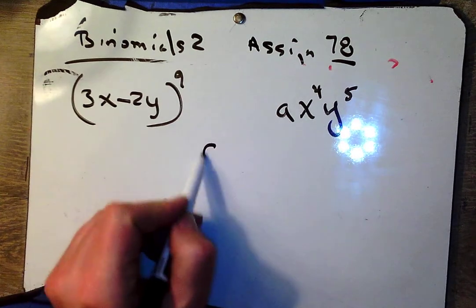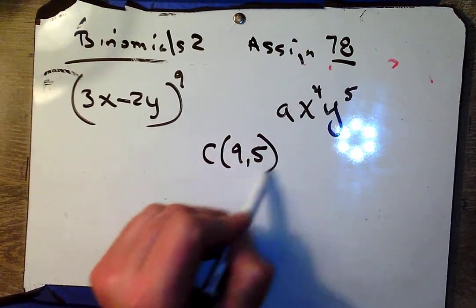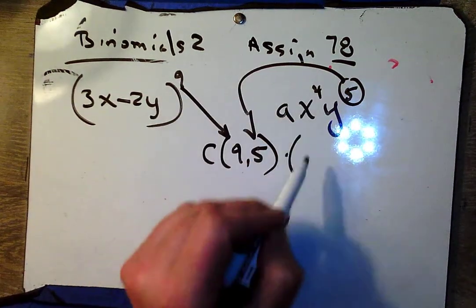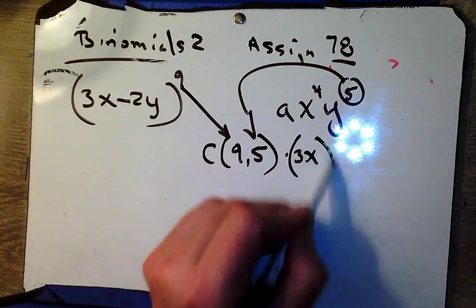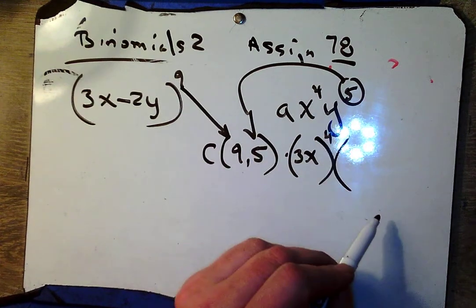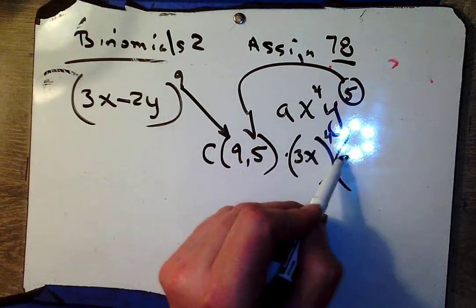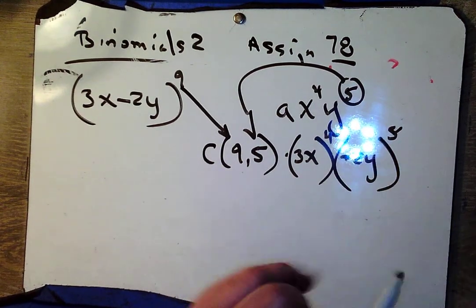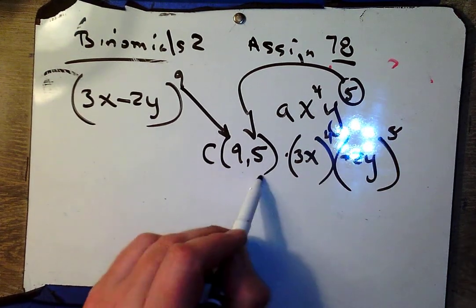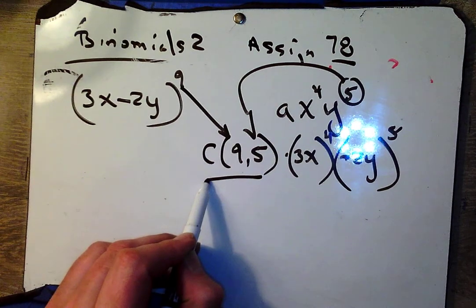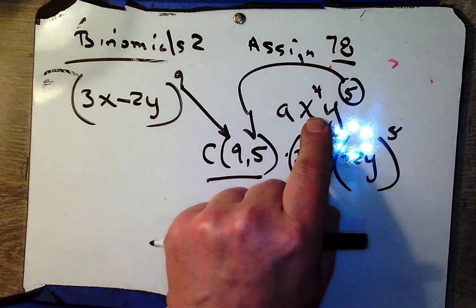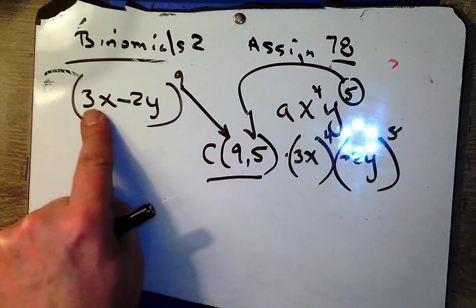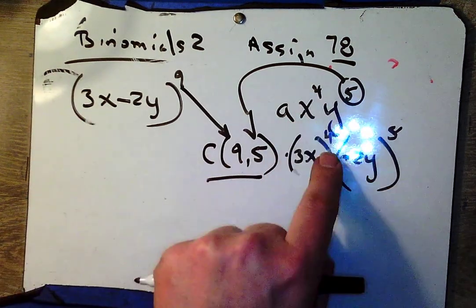So we know this is going to be a combination of 9 choose 5 times 3x to the fourth times minus 2y to the fifth. Now I want to say that students usually get this on the test, but because they're looking at something like this, they don't write the 3x and raise it to the fourth.